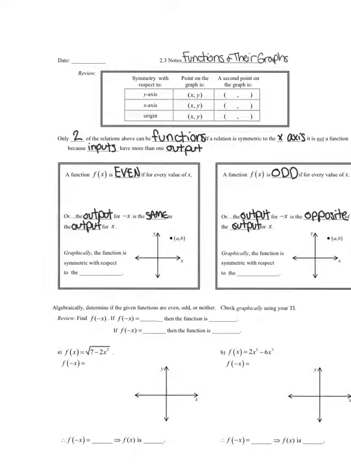If something is symmetric with respect to the x-axis, that means it has a point above and directly below the x-axis, and therefore there's no possible way that it can pass the vertical line test. So the x-axis one is never going to be a function. That leaves us with 2 different symmetries: with respect to the y-axis and with respect to the origin.